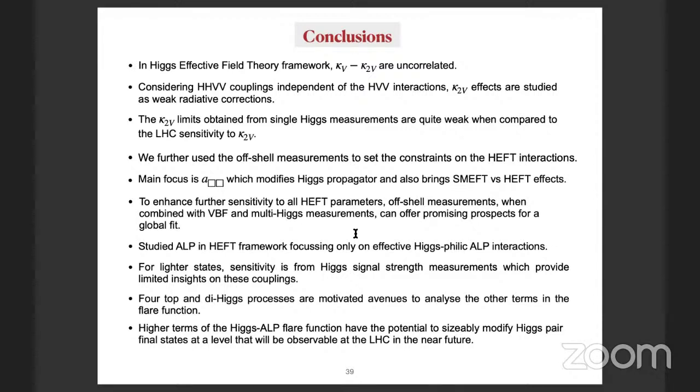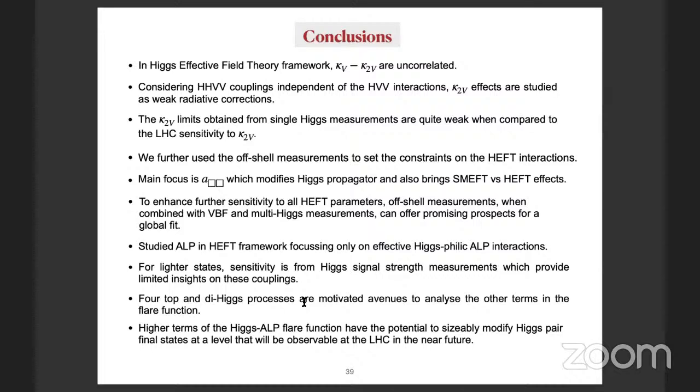In the final part, I studied the ALP in a HEFT framework. We focused on effective Higgs-philic ALP interactions. For lighter states, the sensitivity was coming from single Higgs measurements, and for the heavier states, it was coming from the di-Higgs pair production rates. It also told us that photon and di-Higgs processes are motivated avenues to look for new physics.